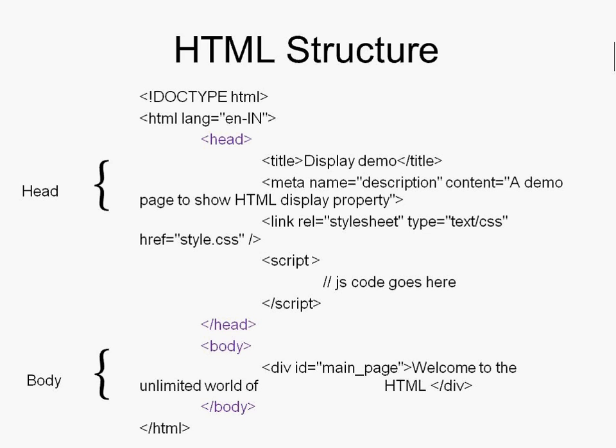So if you want to provide some information, this is the place. You can have style sheets, CSS. We'll go into more detail on what CSS is and how we write it. Similarly, you can add JavaScript code here, and you can even include JavaScript files from here.